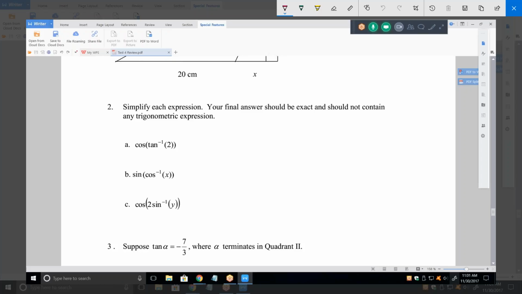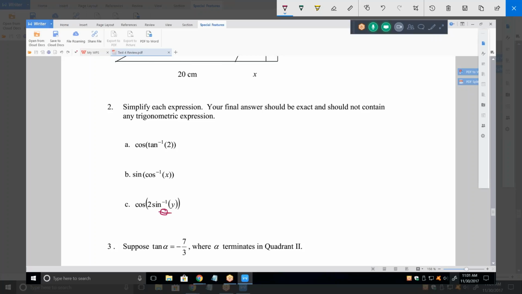So all three of these problems are basically the same. What is the first step in part C? Find the angle? Yeah, well, it's recognize that that is an angle.